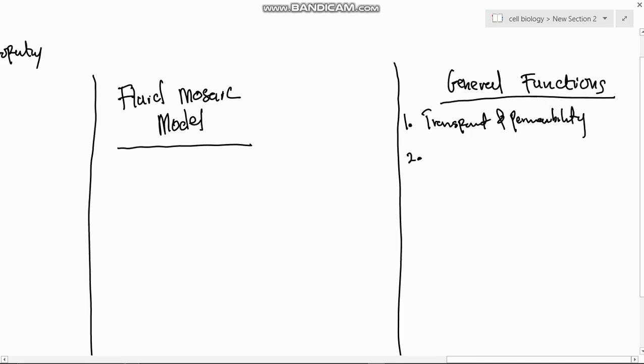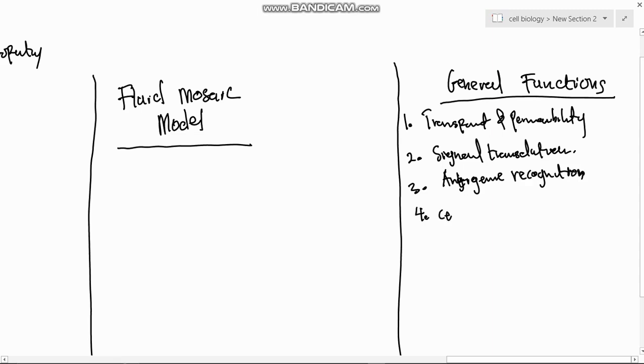Then we can talk about signal transduction, then antigenic recognition, then cell to cell interaction.